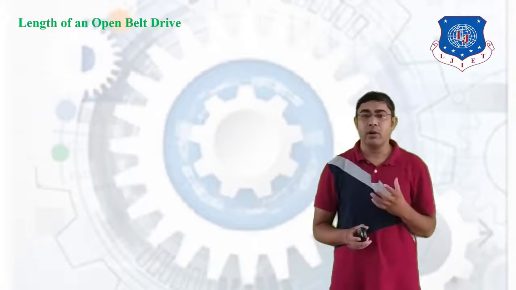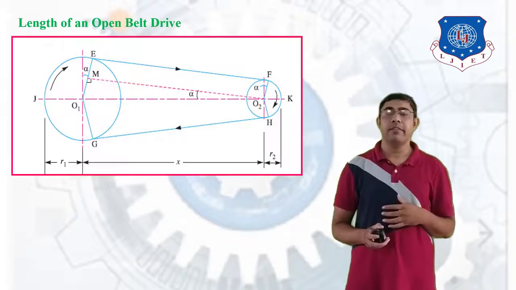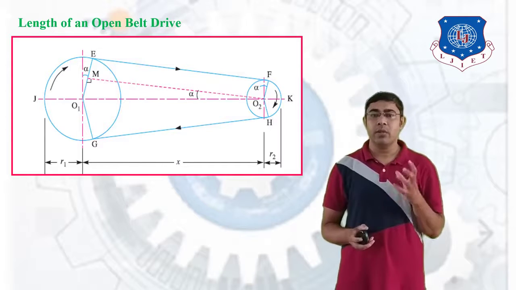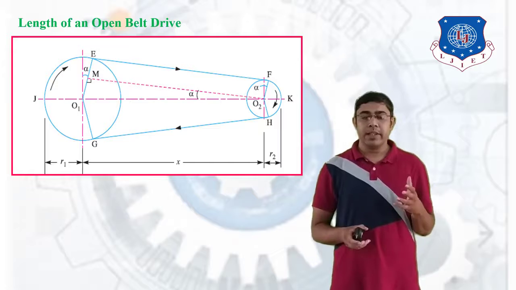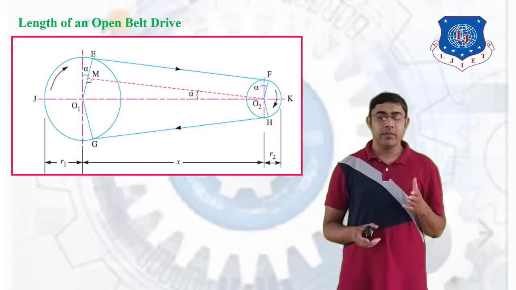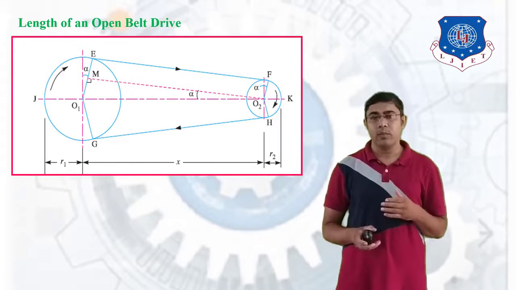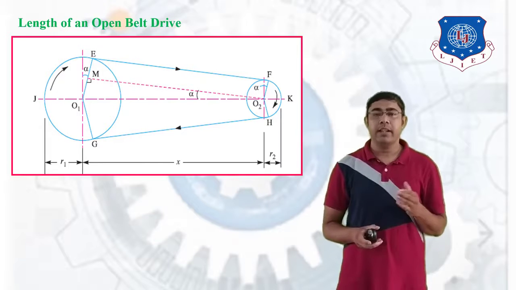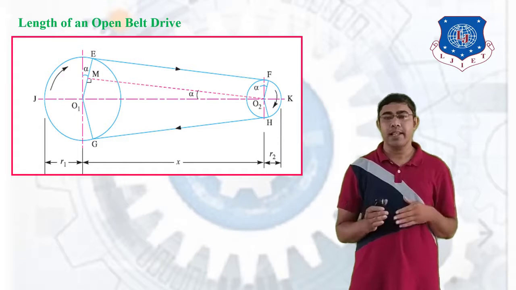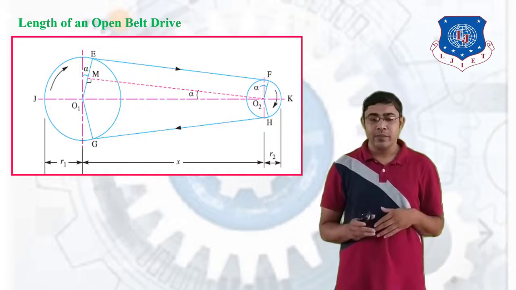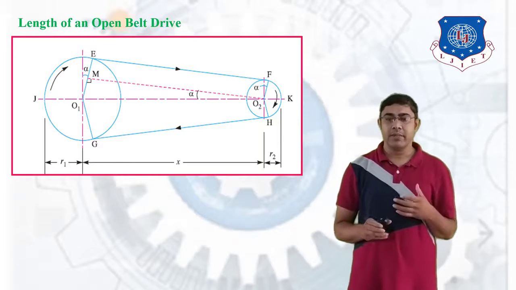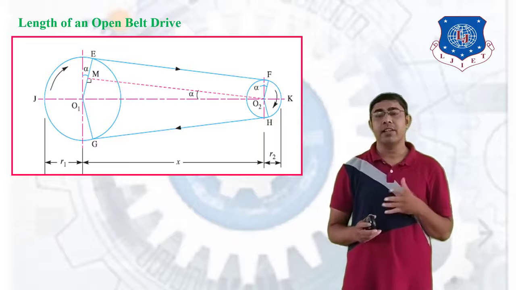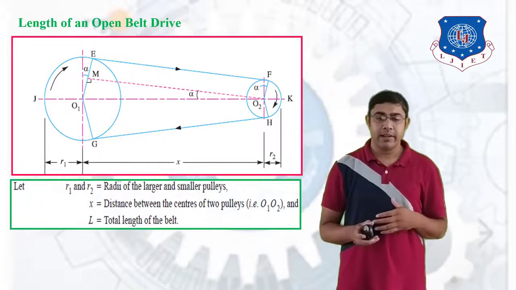So, the length of an open belt drive. For that we consider an open belt drive system as shown here. The bigger pulley has radius R1 and the smaller pulley has radius R2, and the distance between these two pulleys is considered as X. All these configurations, as we see in the figure, are taken to derive the length of the flat belt drive.